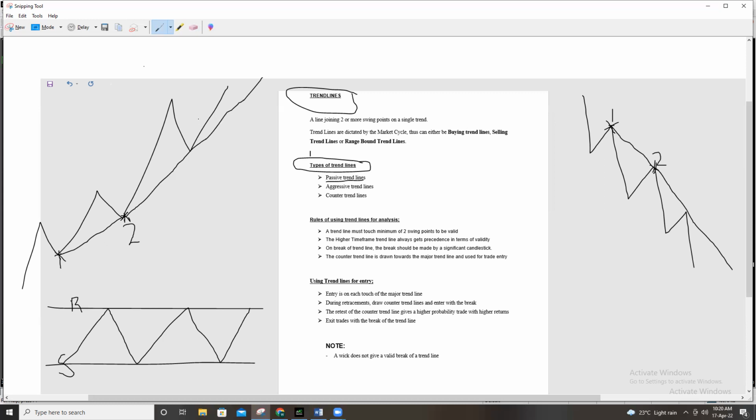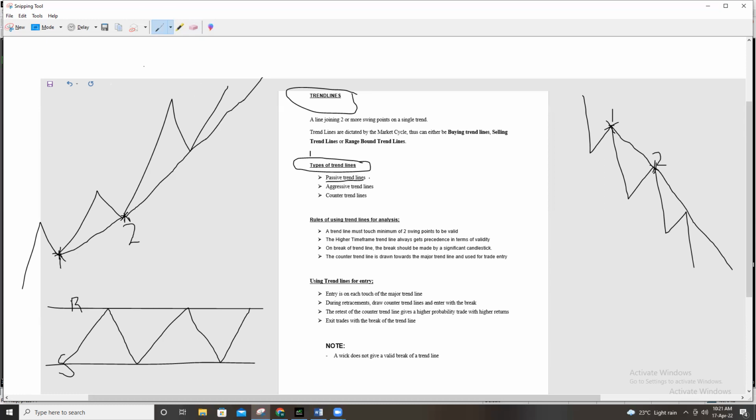Now, let's start with this buying cycle. The one that touches the outmost or the most external swing point is what we call the passive trend line.